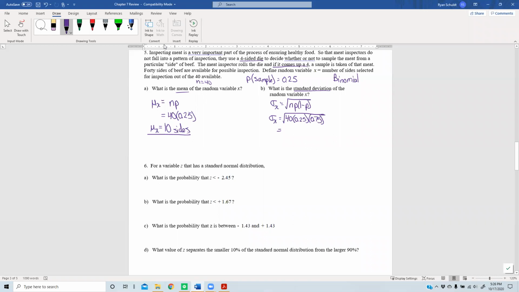So if I calculate this, that means we want to take the square root of 7.5. So to 4 decimal places, sigma equals 2.7386 sides.